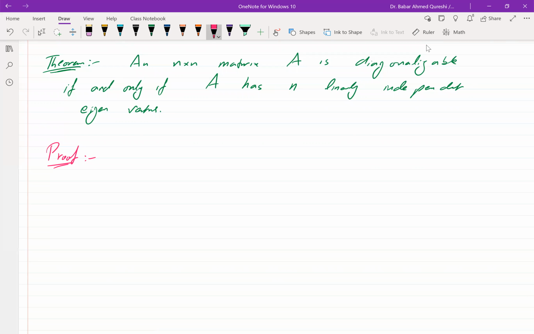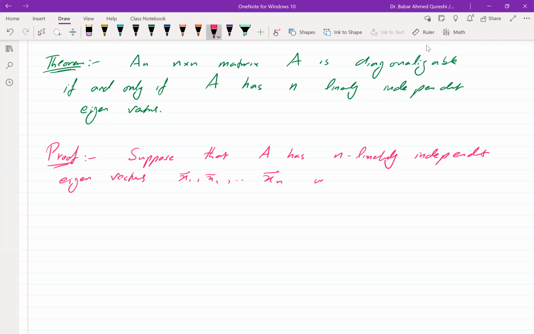So first suppose, because we have to prove both ways, suppose that A has n linearly independent eigenvectors x1, x2 up to xn with eigenvalues lambda 1, lambda 2, lambda n.